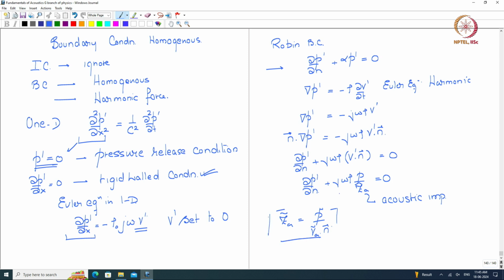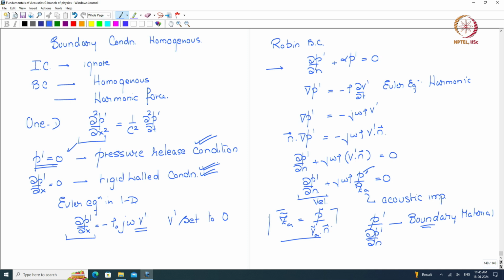So here this is the velocity, and this is the pressure, p'. So the ratio of p' to ∂p'/∂n is being matched with a boundary condition. There is a boundary material, a condition that the acoustic wave sees, and that happens to be neither pressure release, which is soft, nor rigid wall, which is hard.